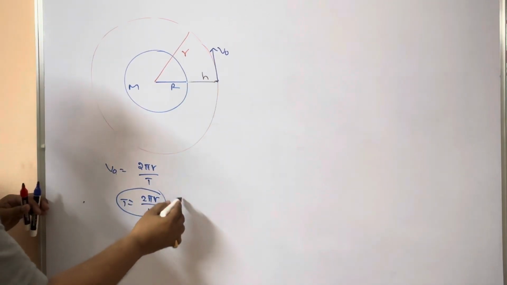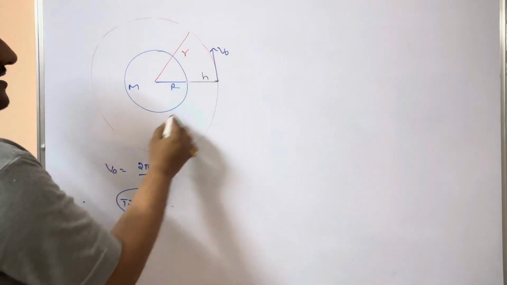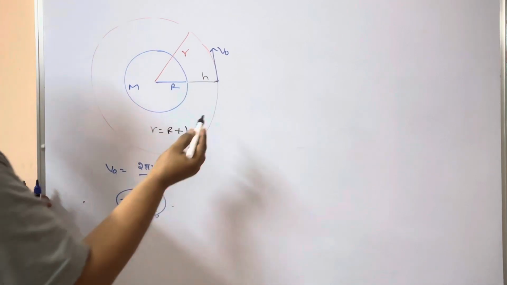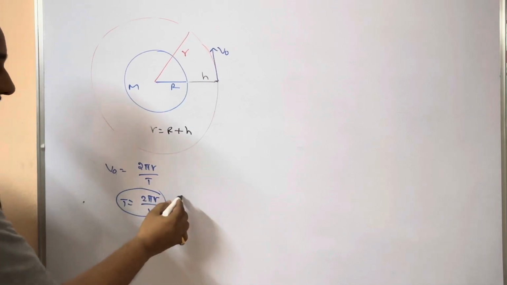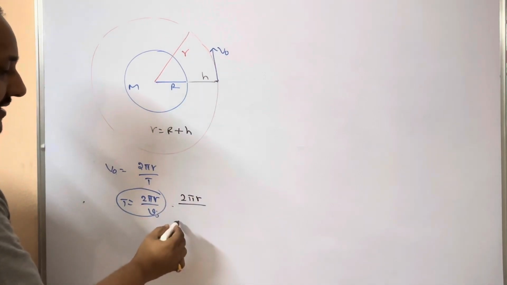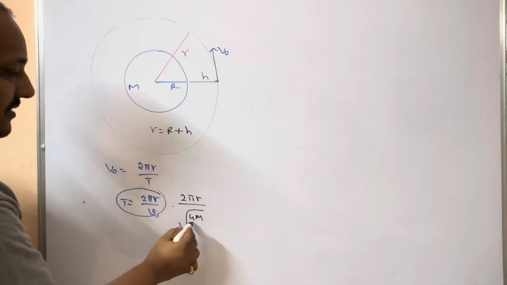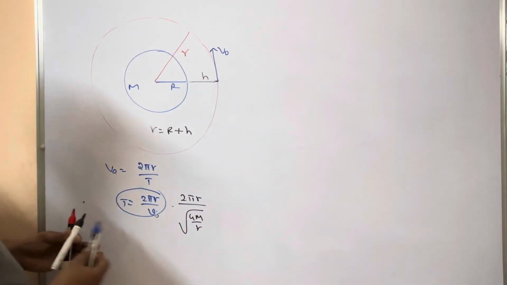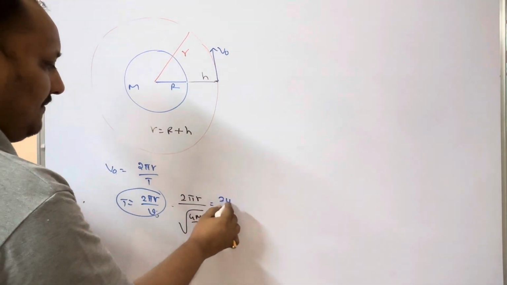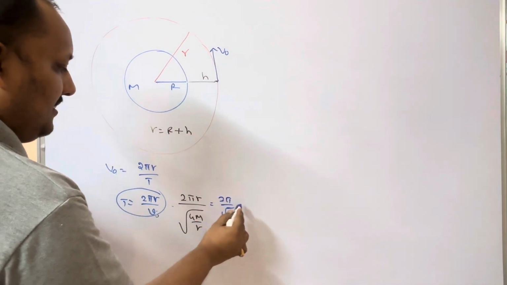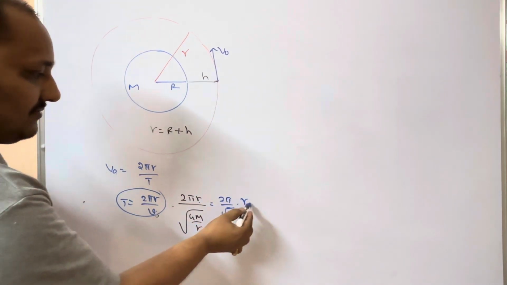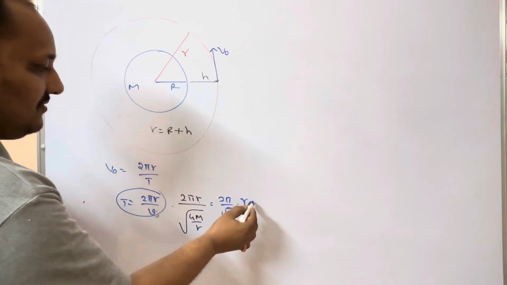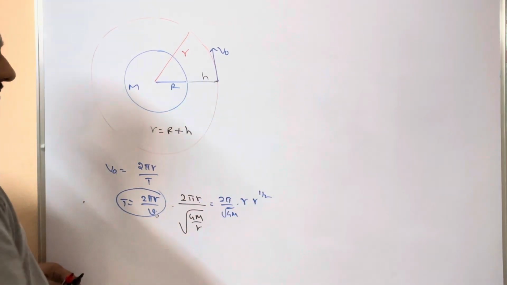Now, what is this radius? We can write small r is equal to R plus h. What is the orbital velocity in terms of small r? T is 2 pi r by root GM by small r. So if you write 2 pi by root GM into r, and r power 1 by 2 in the denominator goes to the numerator, we can write r power 1 by 2.